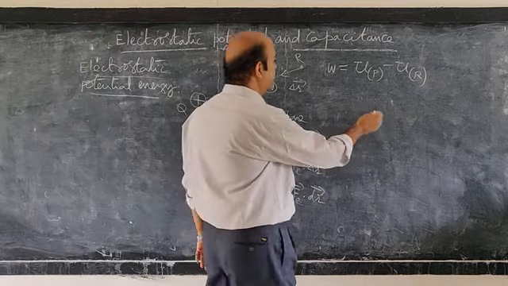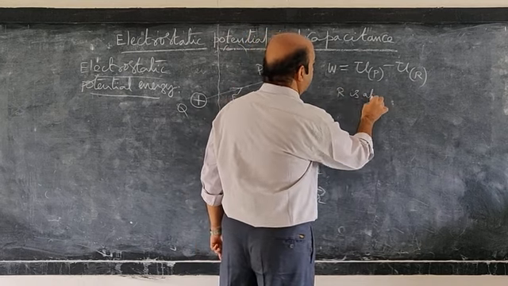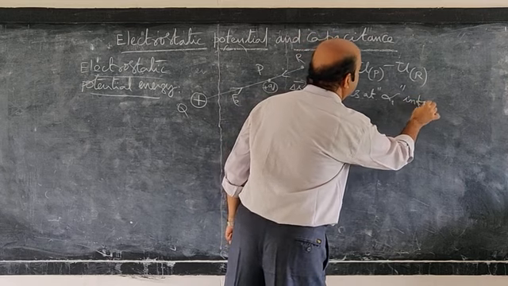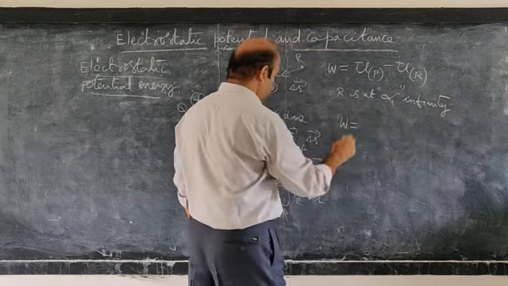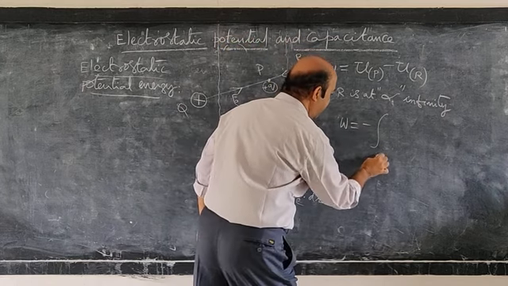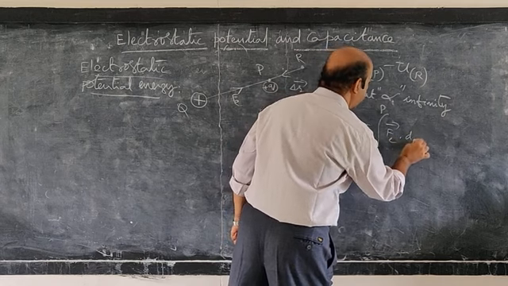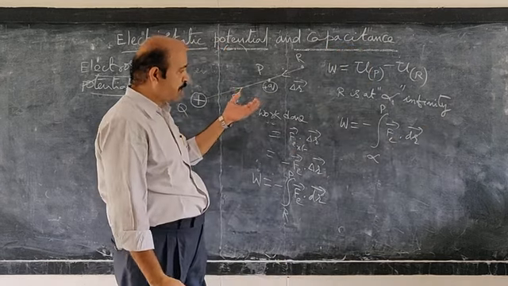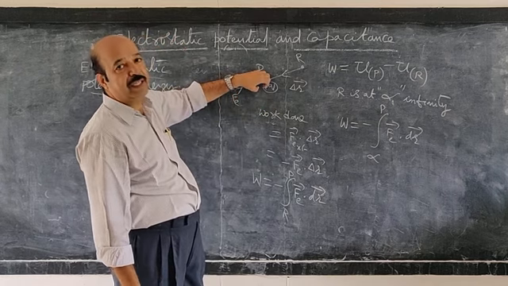So if R is at infinity, then the work done is from infinity to P, of the electric force dot dr. Whatever work is done in bringing the charge q from infinity to P will be the potential energy at that point.